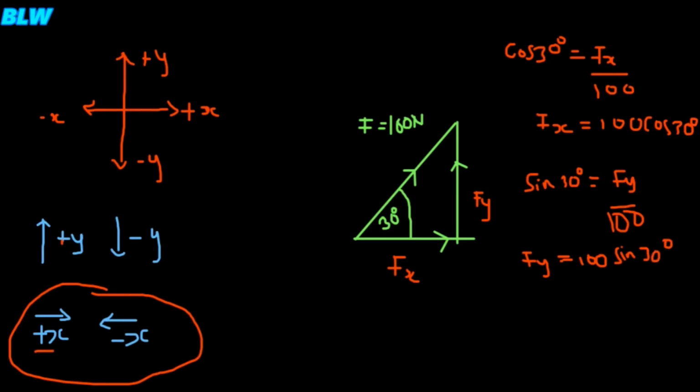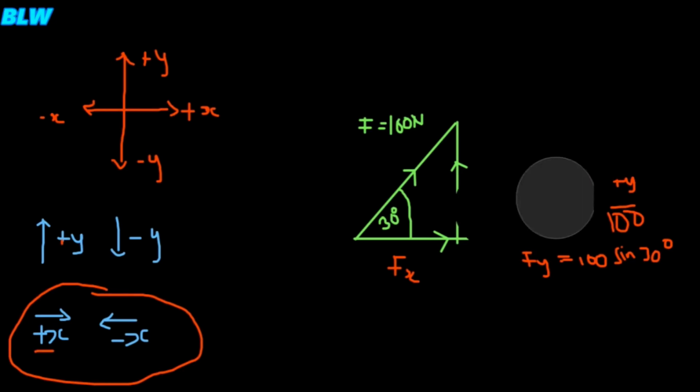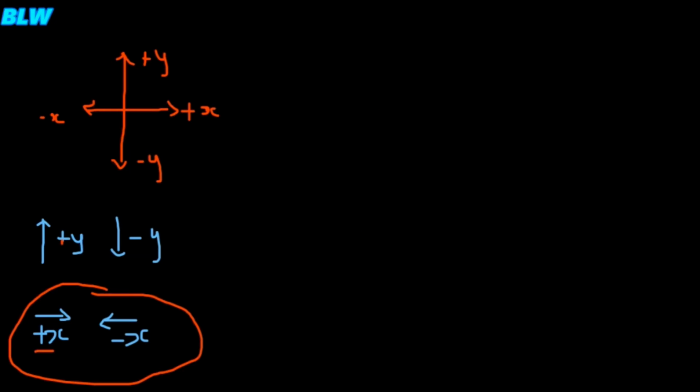So now let's take another example. I'm going to use the same values, but I'll change the direction of the force. Let's say I have a force moving in this direction. This force will have x and y components. The x part will be the horizontal part, and the y part will be the vertical part.